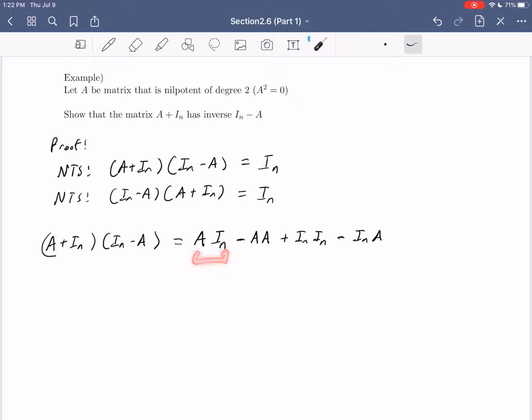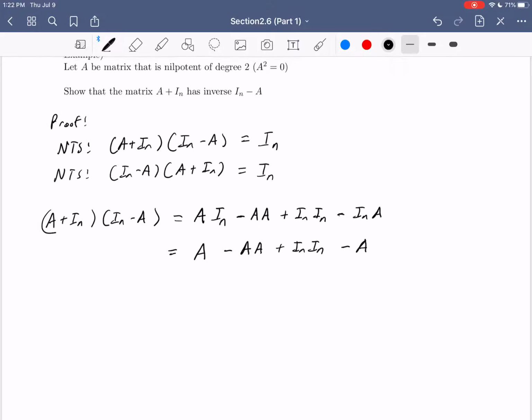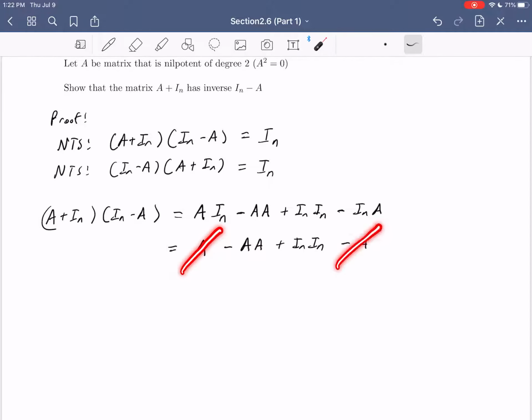A times IN times A, those are of course just A. So we get A minus A times A plus IN times IN minus A. Then, of course, we can just cancel the A and the minus A. So we get minus AA plus IN.